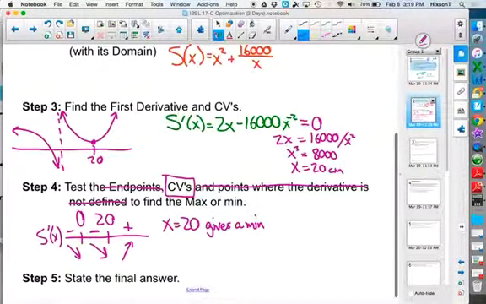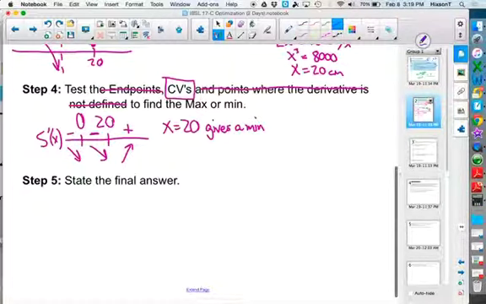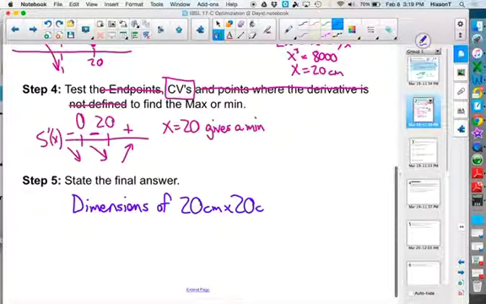So, giving our final answer here, our final answer says give the most economical shape. In other words, give the dimensions. How would we make this thing? We could say dimensions of 20 centimeters by 20 centimeters by 10 centimeters.